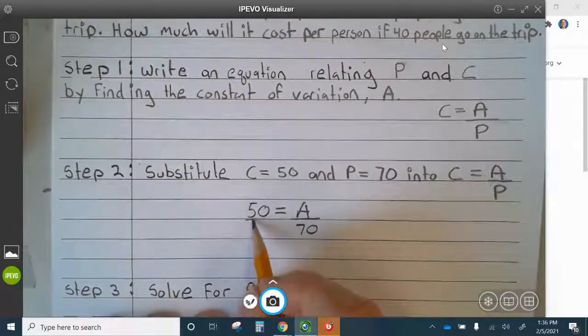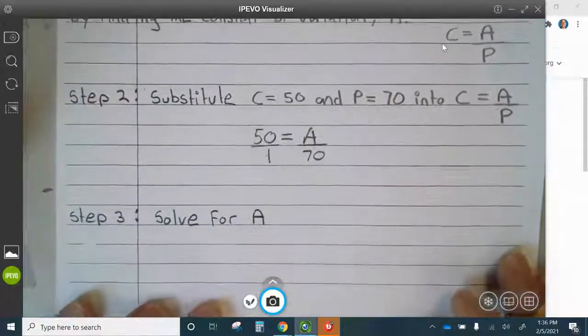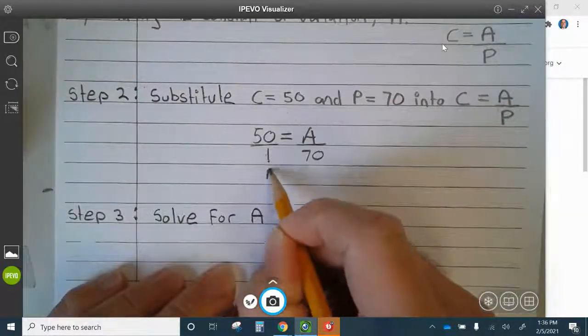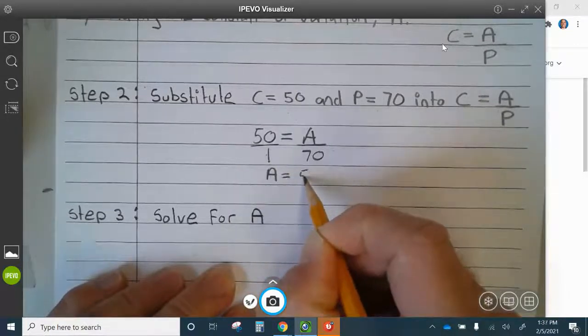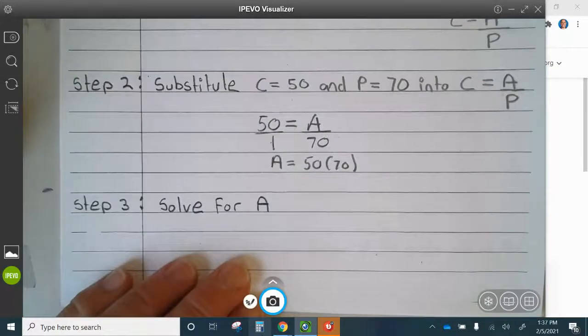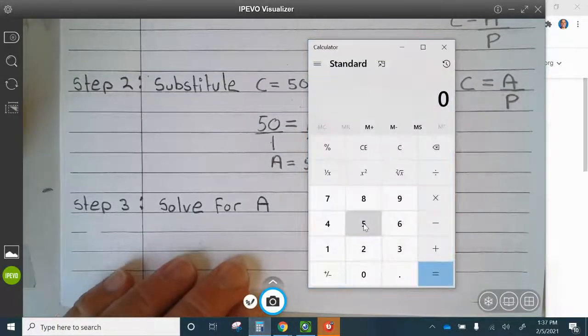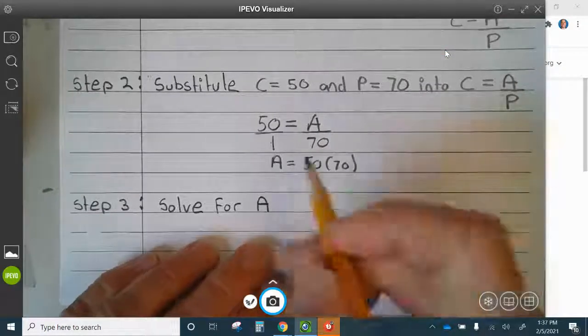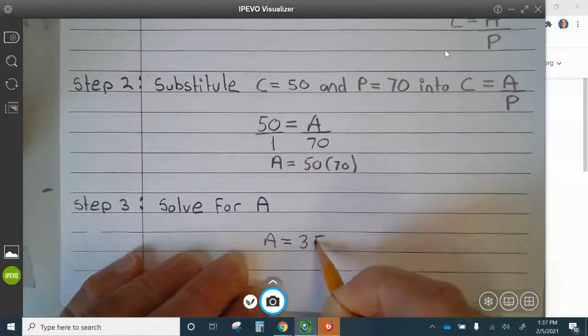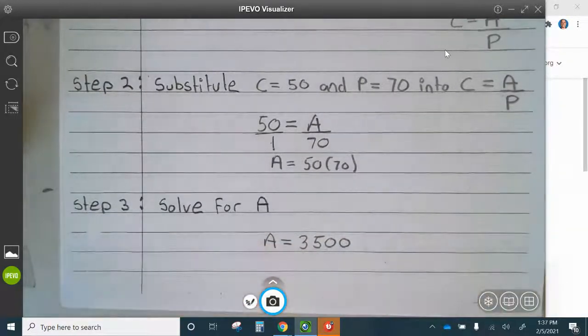Okay, so now next step is we're going to solve for A. So we cross multiply. 1 times A is A, and then we have 50 times 70. So we can do that in the calculator. 50 times 70 equals 3,500. So A equals 3,500.